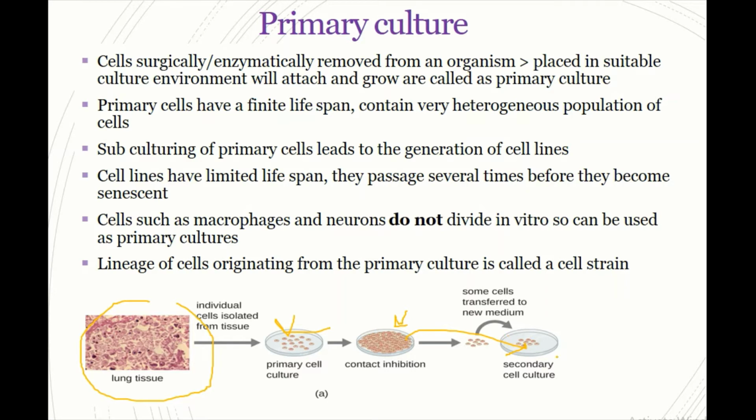You can do another subculturing, which you call passaging, then you have another one, and so on and so forth. But you cannot do this for very long, because at some point the cells become senescent or they cease to multiply. There are cells that you can only have in primary culture because they do not divide in vitro. That is macrophages and neurons.